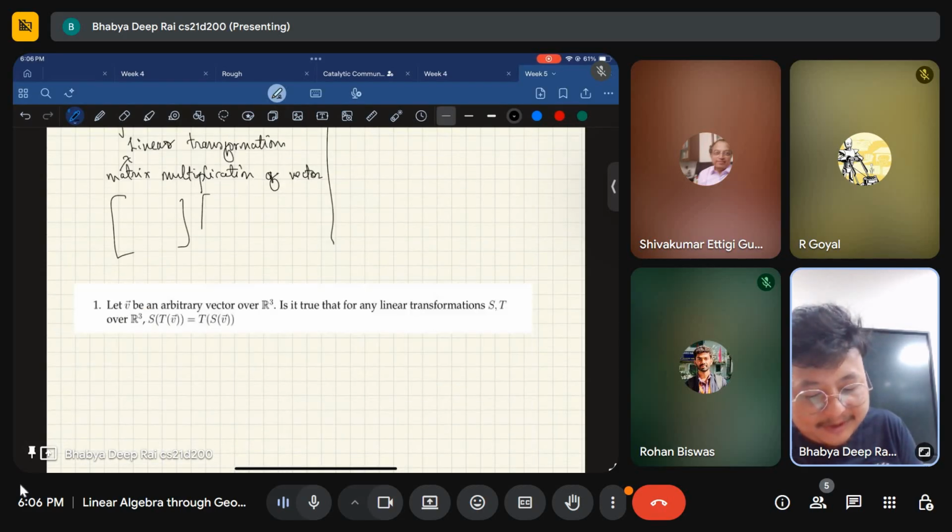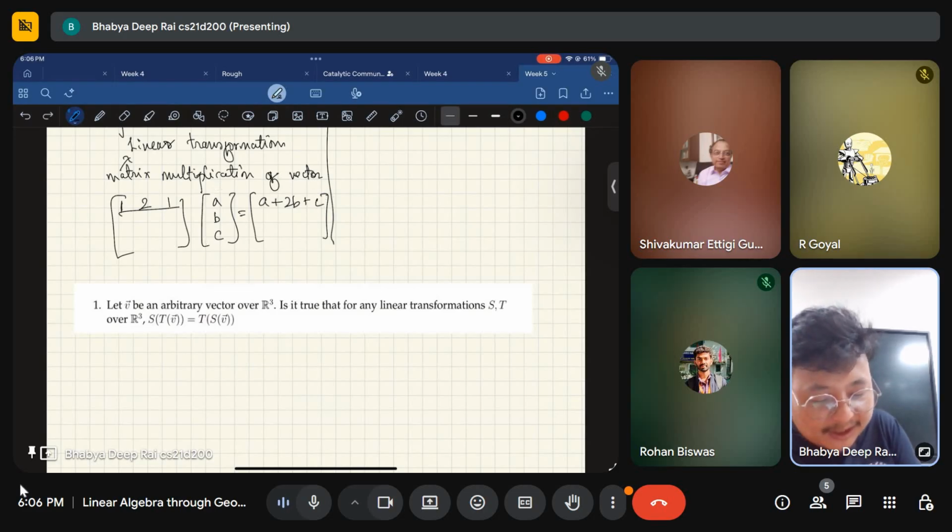Well, a matrix multiplication will take your components A, B, C and choose suitably how much of A you want, how much of B you want, and how much of C you want. So you need to say I want something like one part of A, 2 parts of B, and 1 part of C, and when you multiply this, you get this. What you get by matrix multiplication is what is called a linear combination, and the vector that you obtain by performing linear combinations is what is called a linear transformation.